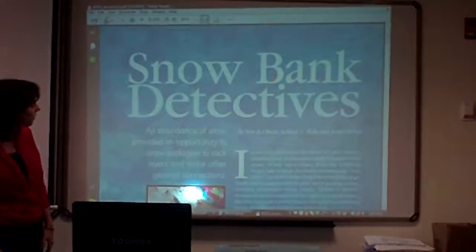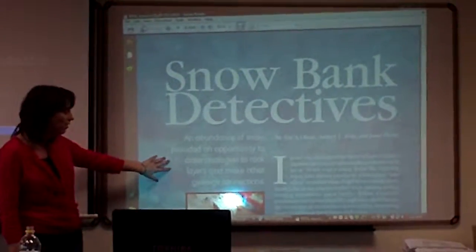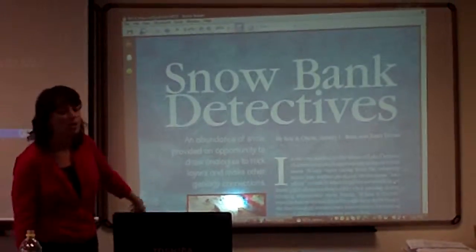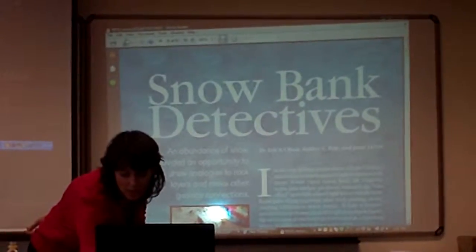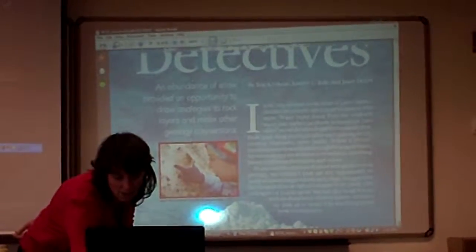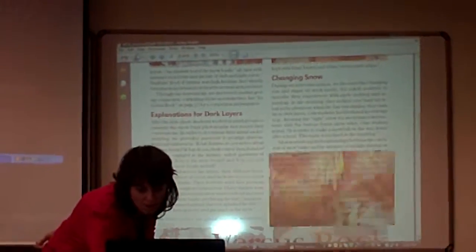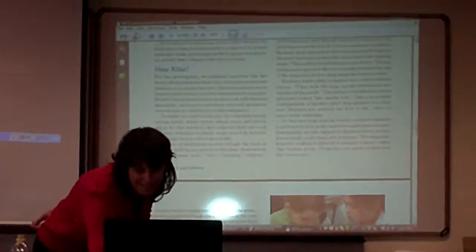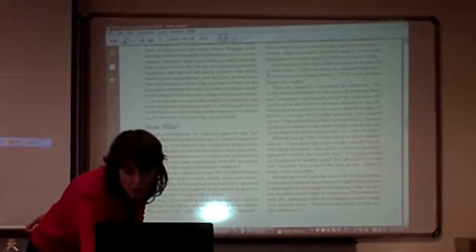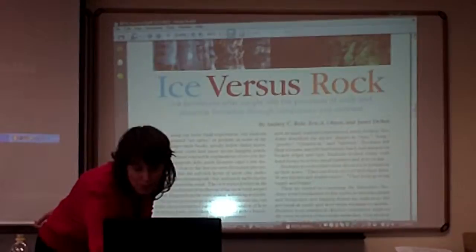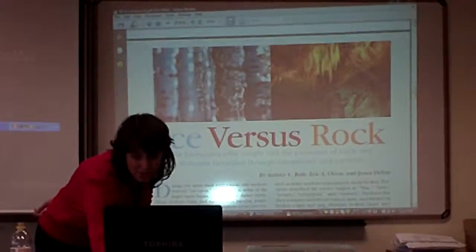So there's a neat thing that we're all going to be looking at. This is from the NSTA website. This is an article about a fourth grade class that discovered they would live in Lake Ontario. There's a lot of snow in Lake Ontario. So what happens is they were able to do a study of sedimentary rocks and sedimentary formations. We'll all have copies of this article up on our computers, because then we will be doing summaries of this in our notebooks.